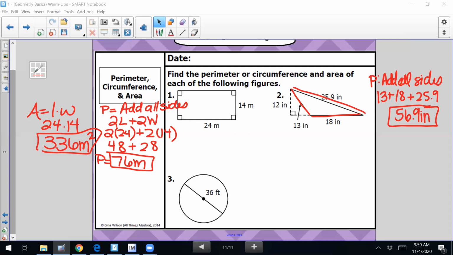It's just a measurement. Now, how do you find the area of a triangle? 1/2 base times height. The base is 18. What's the height? That's why they have that weird dash off to the side, so that you can see the actual height. The height is 12. So half of 18 would be 9. 9 times 12 is 108 inches.